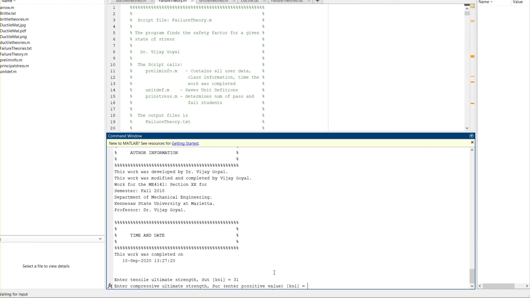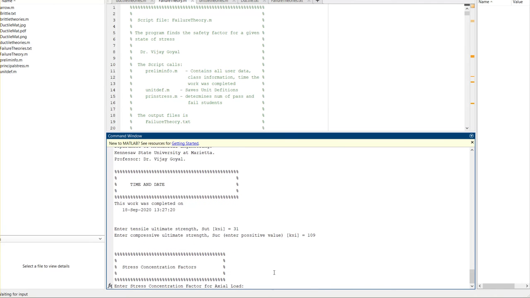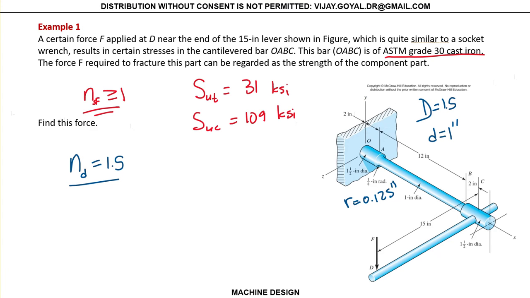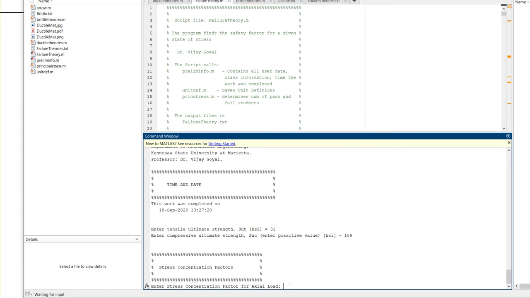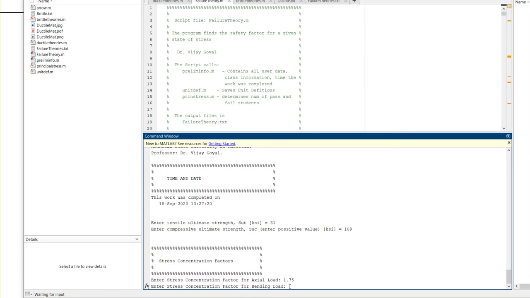So 31, 109. Stress concentration factor for the axial load. We are not using it, but for completion, we can come here. It was 1.75. So the axial load stress concentration is 1.75.